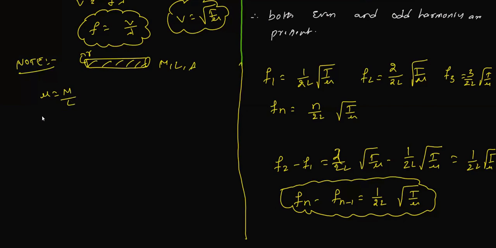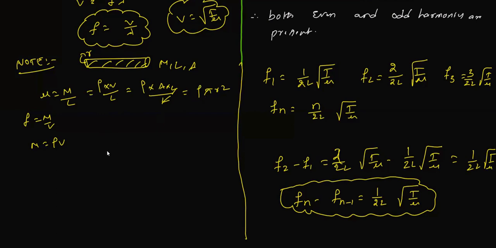Density is mass upon volume, so mass can be written as density into volume. In the place of mass, I substitute rho into V divided by L. Volume is area into length, so L gets cancelled. The area is pi r square. So in the place of mu, we can substitute rho pi r square.